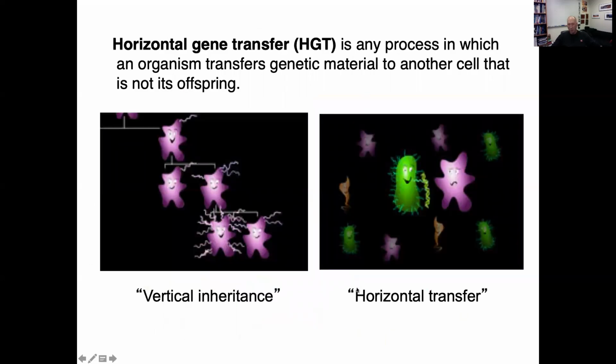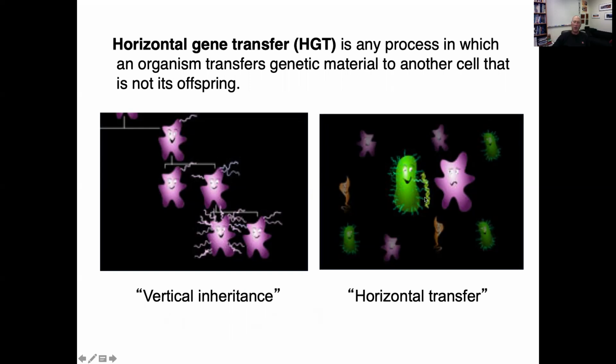All right, so what's this horizontal gene transfer? What do we mean by horizontal, first of all? Vertical inheritance is when one parental cell gives rise to two progeny cells. Each of those gives rise to two progeny cells, right? So the genome, the DNA that's inherited by the two progeny cells, that's called vertical inheritance.